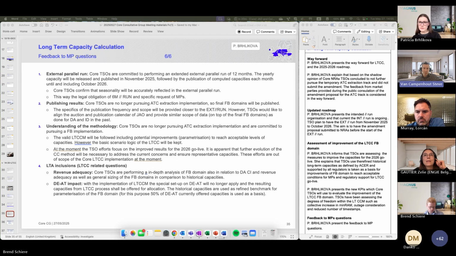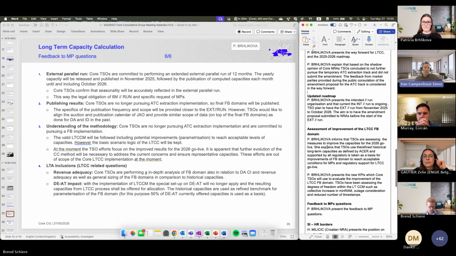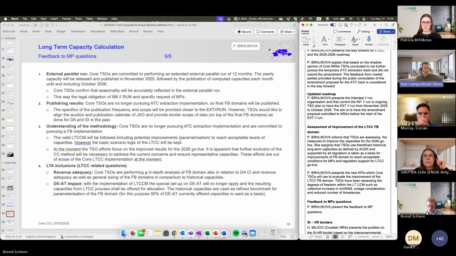Yeah, on the last point, I wanted to restate that the clarification on the German-Austrian border has already been brought by E-Control and ENTSO-E in previous CG meetings. So what has been said over there still stands.